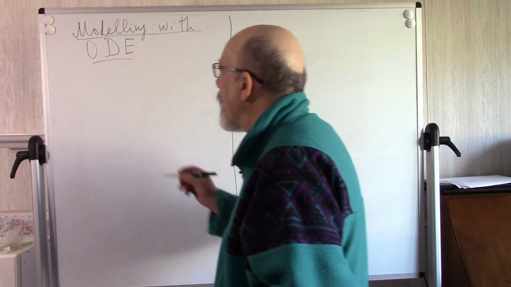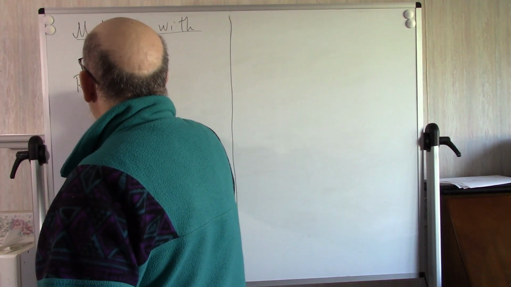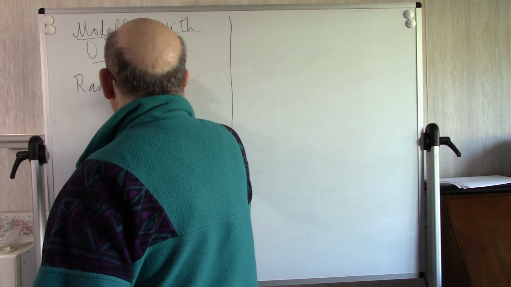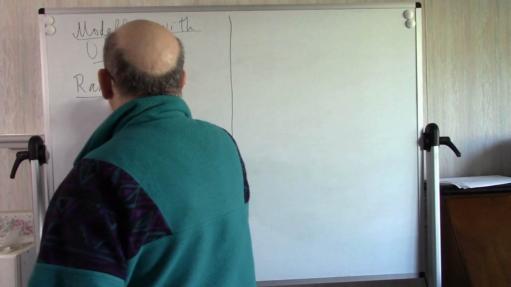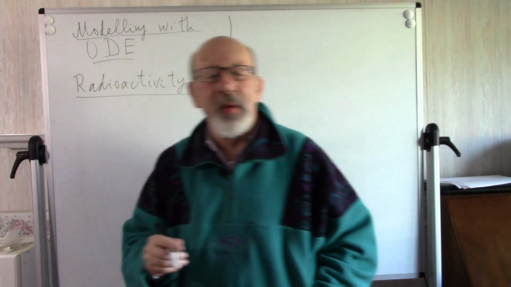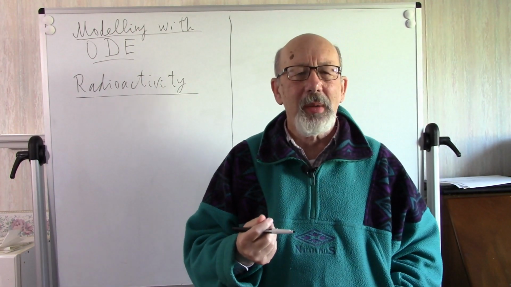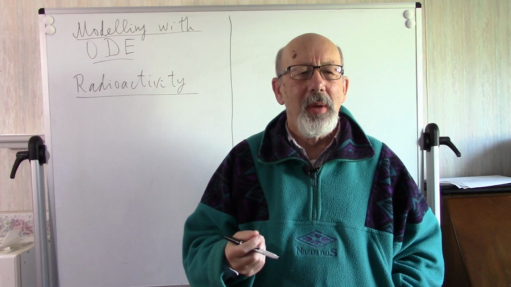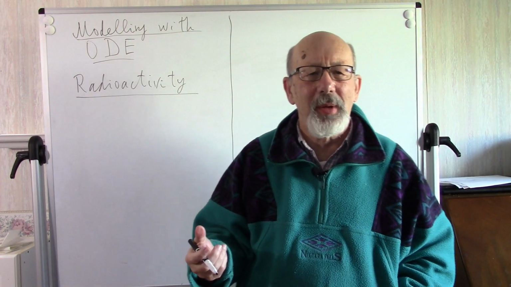Now, the first problem is radioactivity. What is this? There exist some substances, I would say some elements, such that their atoms are not stable. They explode spontaneously by themselves.